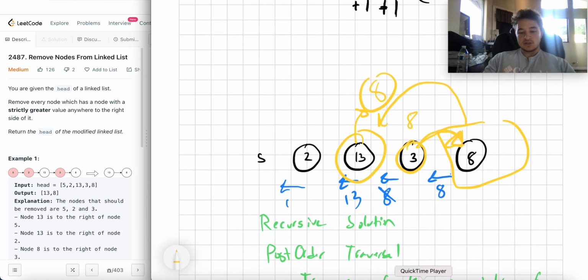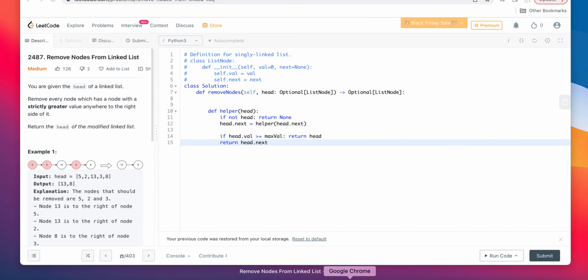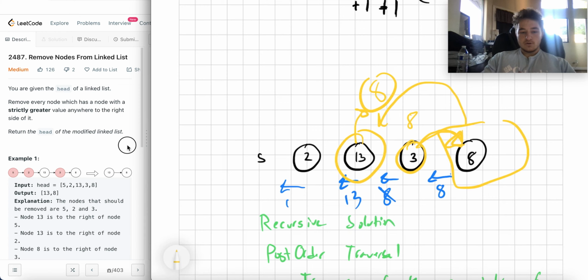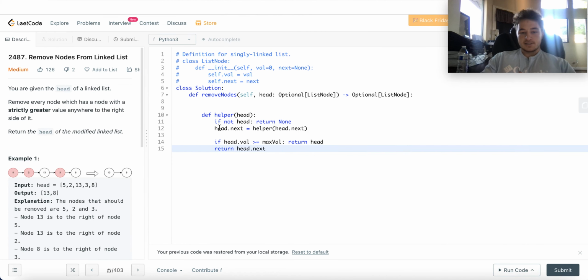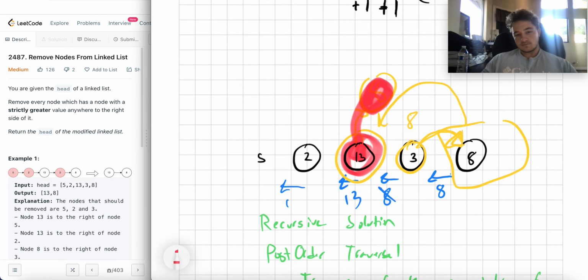Because that's the solution that's returned. So the solution that's returned, which would be 8, 13's next becomes 8. And then since 13 is the solution, we return the 13 solution, right, which is this. Okay.